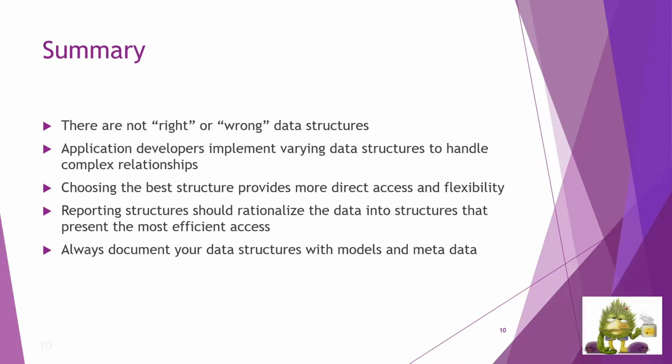As a summary, what I want to point out is there is not a right or a wrong data structure. All of the data structures we have are relational. They are fairly clean. They're fairly extensible. They're not necessarily the best structure to use if you're given a more purist standpoint and want to maintain all of the rules of normalized relational databases, and that is having a table that has a specific entity associated with it and relationships being fairly clean and straightforward.